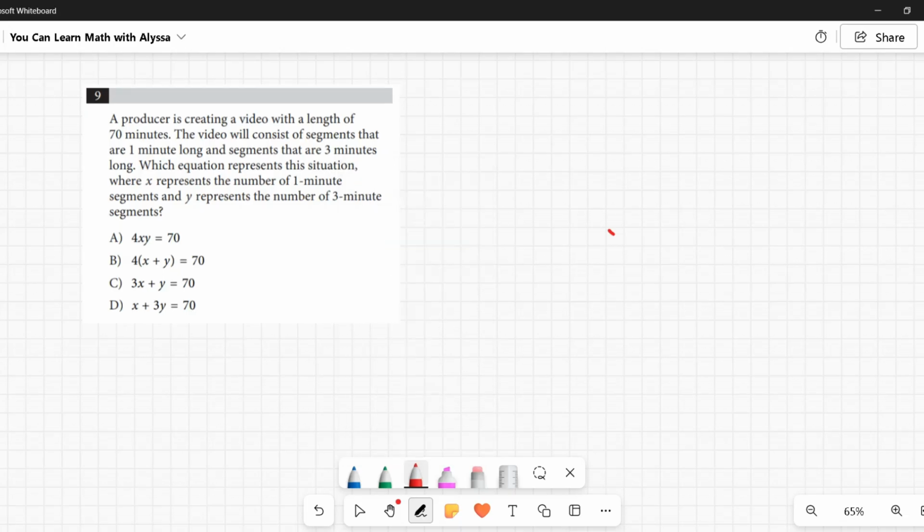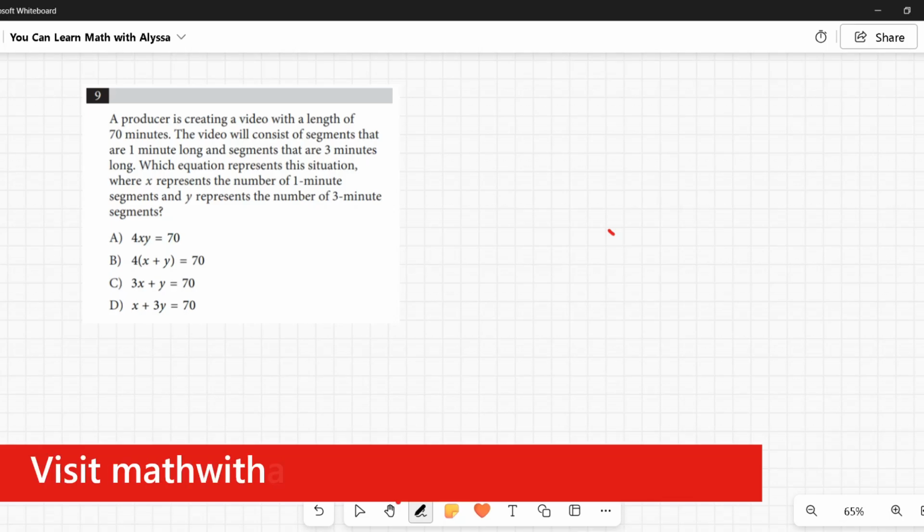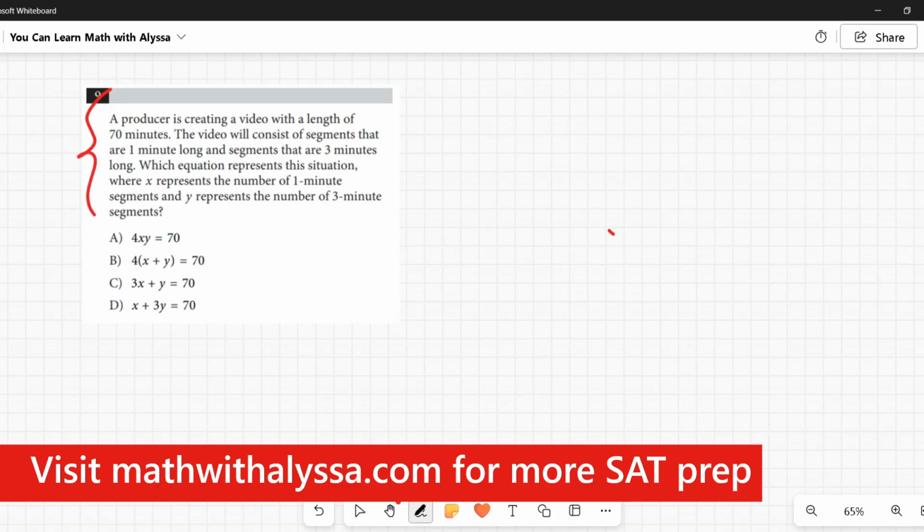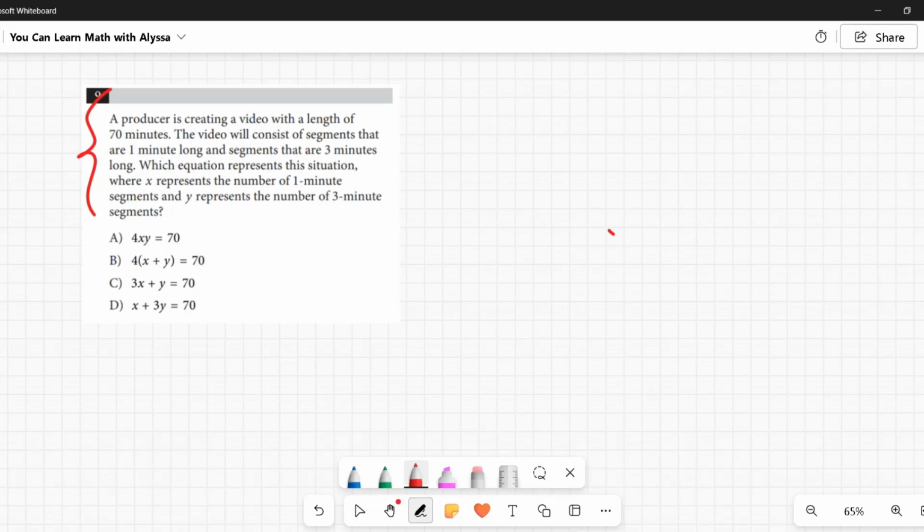A good way I find to do that is to think with real numbers. I know word problems can be problematic for a lot of students. They can make us go, what's going on? I get it. So if that is the case for you, something you might try is representing this with real numbers.